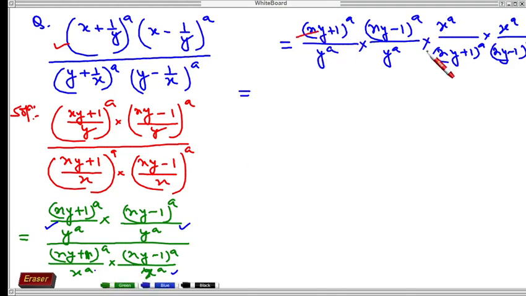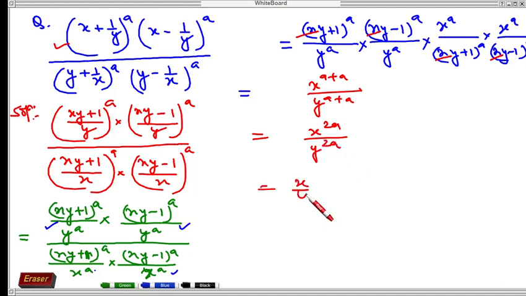It has the same power, then what is remaining: x^a, x^a plus a, and y to the power also a plus a, simply means x^2a over y^2a, that is (x/y)^2a, is the answer of this question.